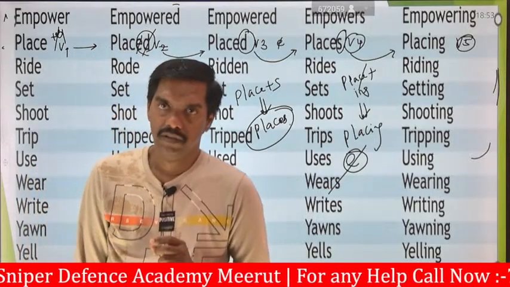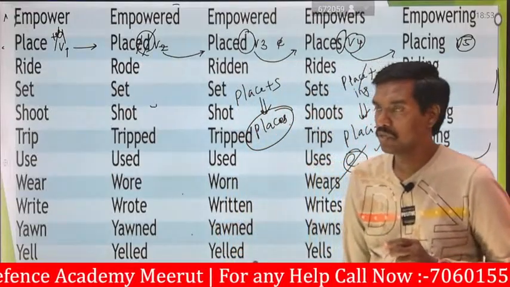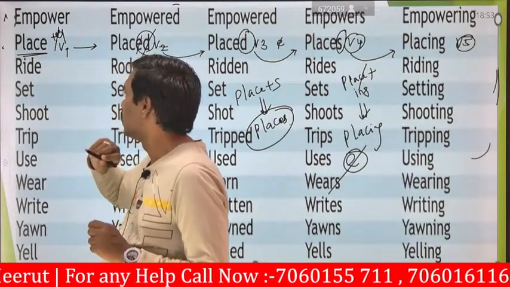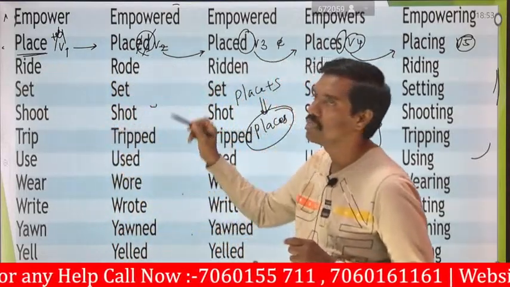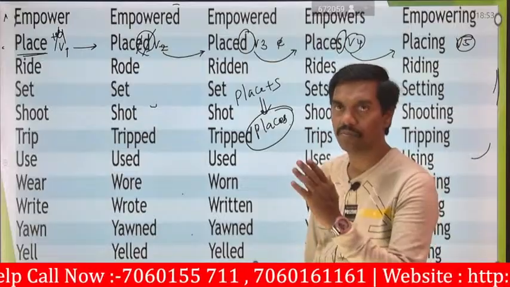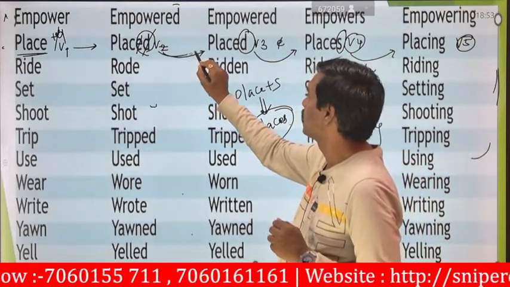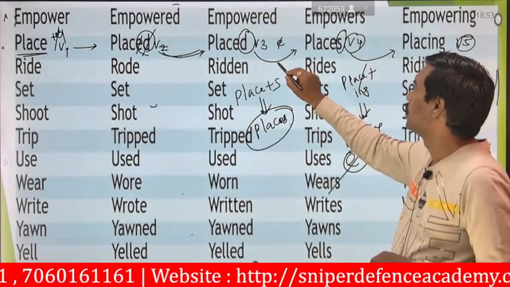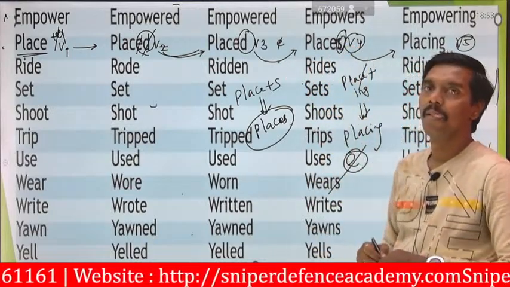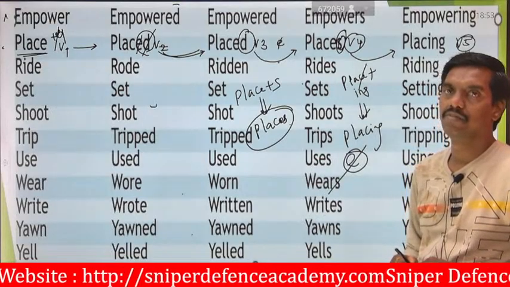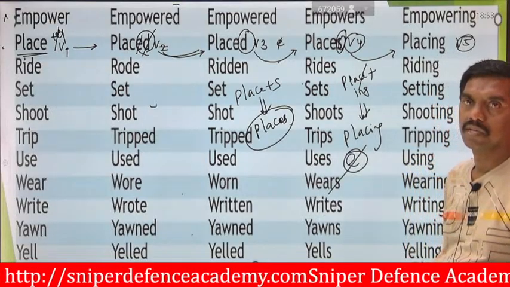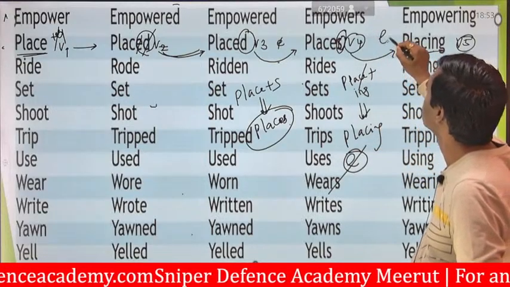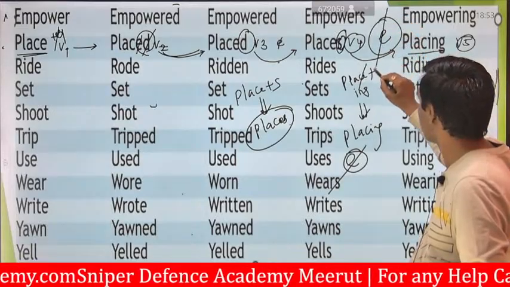So what they are saying is that place will be replaced as placed in another form. This place will be replaced as places. And once again, this place will be replaced in terms of placing. Here, E will remain silent.